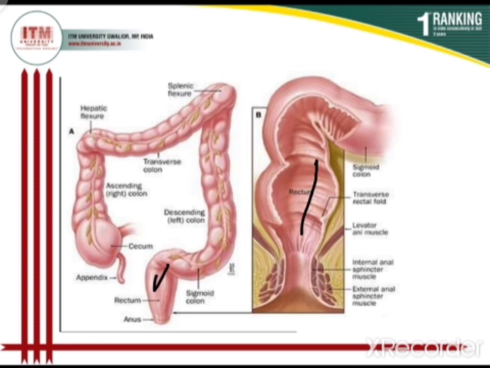All the parts are very clearly there: the appendix, the cecum, the ascending colon, the hepatic flexure or the right colic flexure, the transverse colon, the splenic flexure, then the descending colon, the sigmoid colon, the rectum, and the anus. So this is all about the rectum.